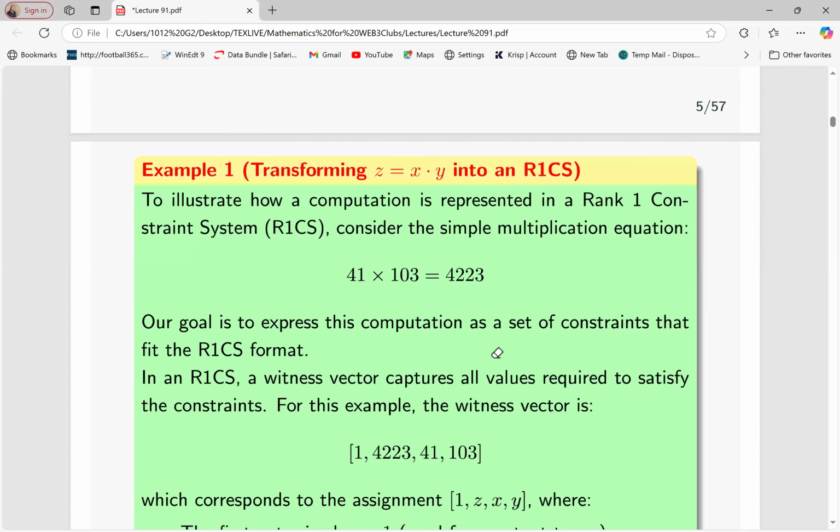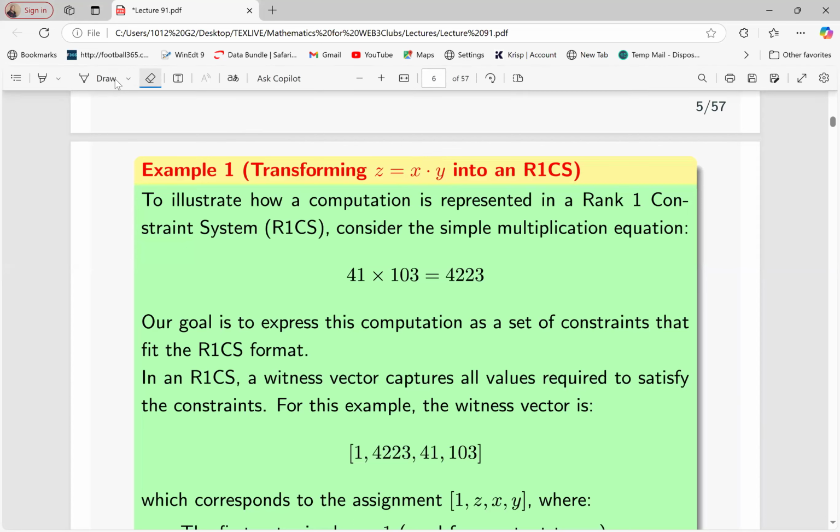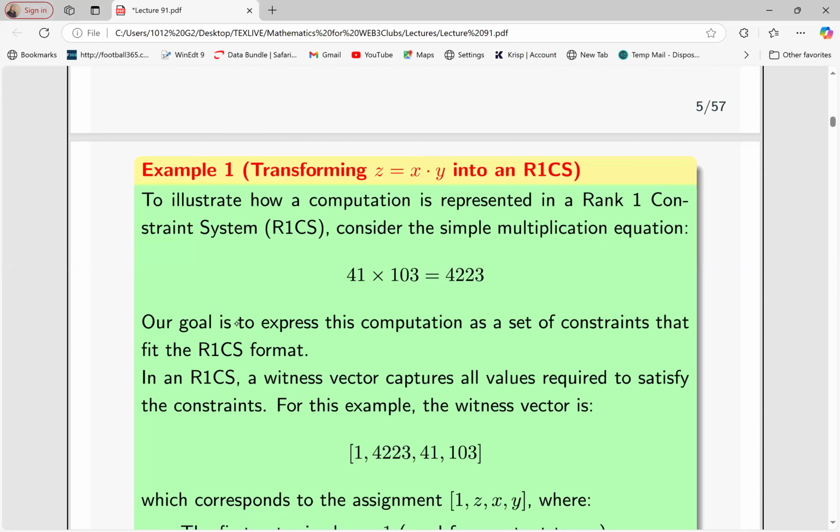Now, what is important is, what is our witness at this point? Because we have no intermediate values, our witness, as I've said, would be the value 1, then Z, then the entry points, the inputs, X and Y. If there was an intermediate value, we would have mentioned it here, but there is none. This is not like the example we saw above; that one had intermediate values.